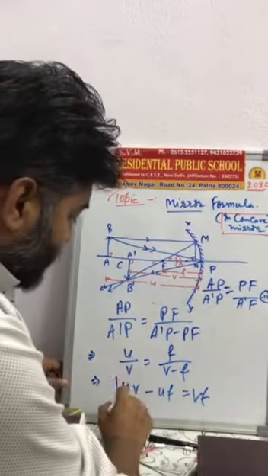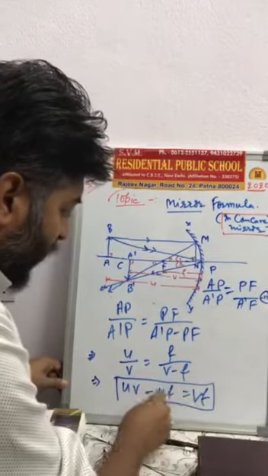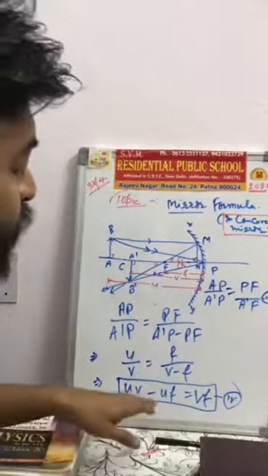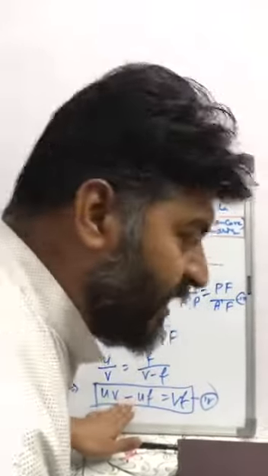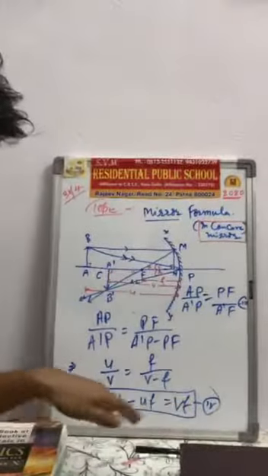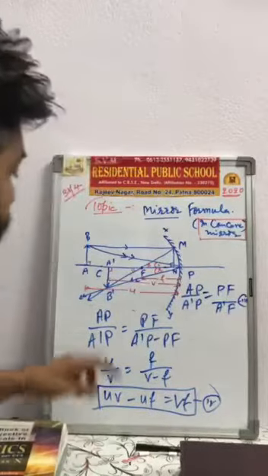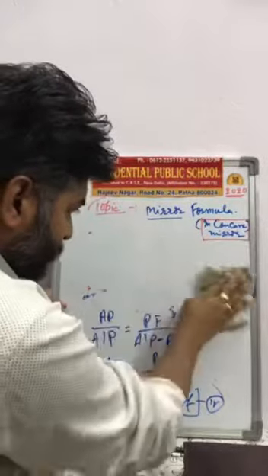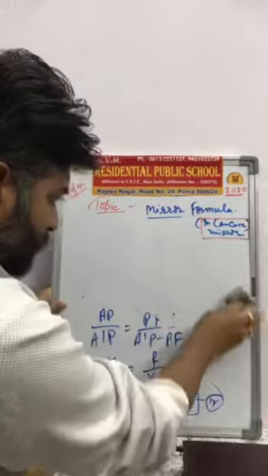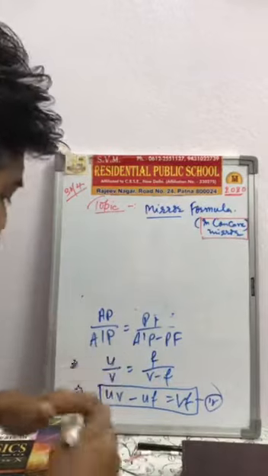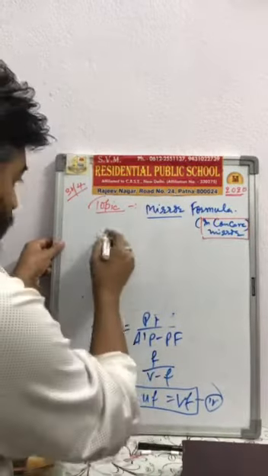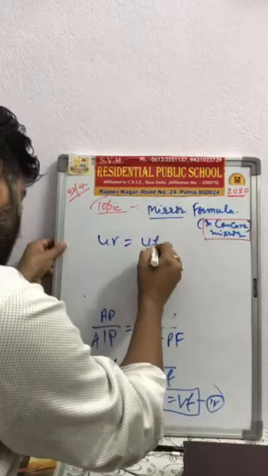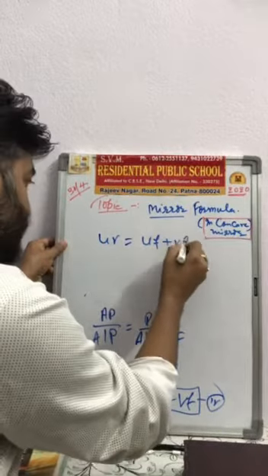This is the basic formula, equation 4. This is the basic formula of the mirror. Now by erasing this diagram, we can write this equation as UV is equal to UF plus VF.